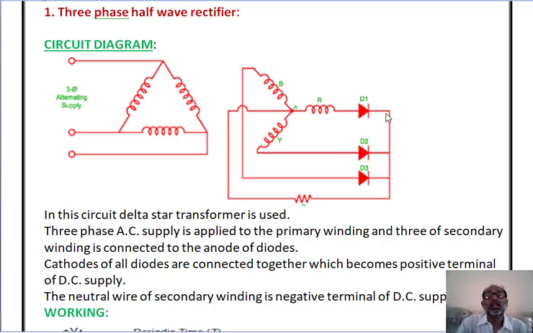Now all the cathodes of these three diodes are connected together, which becomes a positive terminal for the DC supply. Now the neutral wire of this star connected winding is a negative terminal of the DC supply.